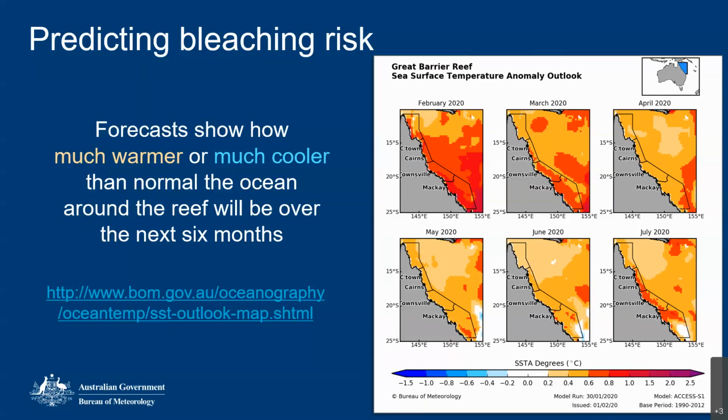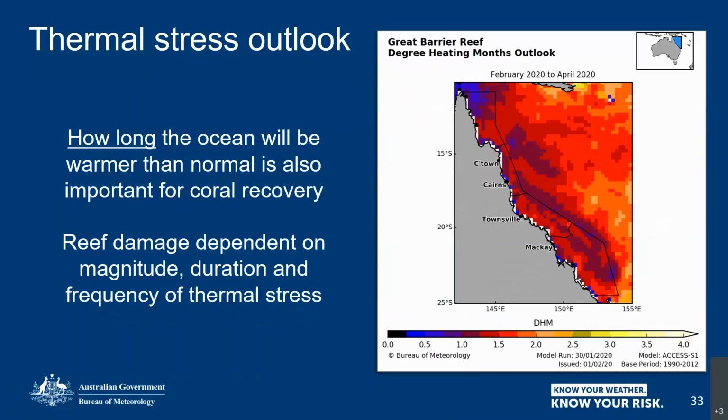Now, this is showing you the anomalies on a monthly scale, but it's not just this deviation from the average that's important, it's also the duration of the event. So we also have some additional metrics on this website, as well as your sea surface temperature outlooks.